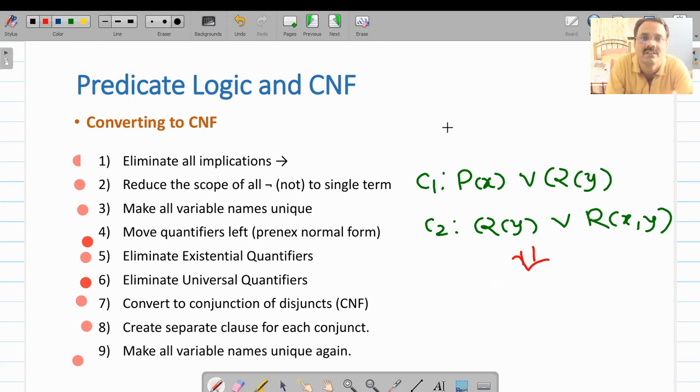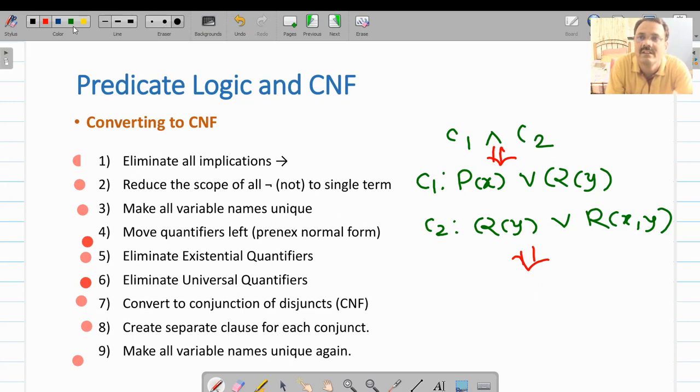Since one clause has resulted in these two clauses, because earlier it was something like this, C1 and C2, what we have done is we have separated them out. We have considered each conjunct as a separate clause.